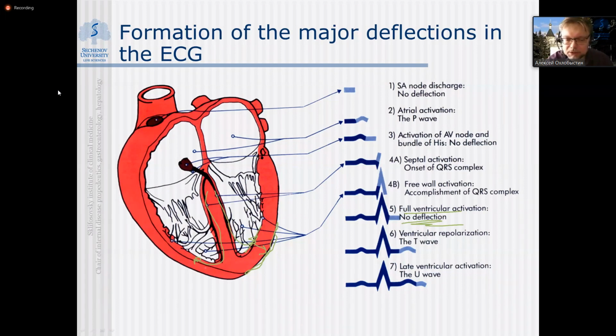So repolarization will go in the opposite direction, though dipoles will be oriented in the same way. Therefore, no matter that it's repolarization, it will still be positive, as, for instance, the R wave in most of the leads. And the U wave is a late ventricular activation that typically is absent. So we consider the U wave an abnormal wave that may appear in some electrolyte disorders, such as hyperkalemia, and toxicity of some medications.